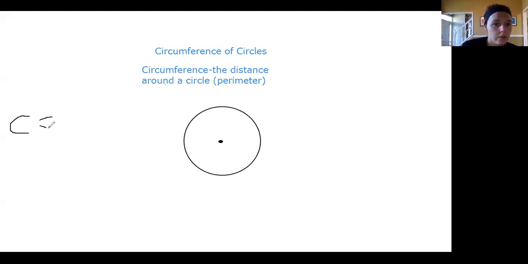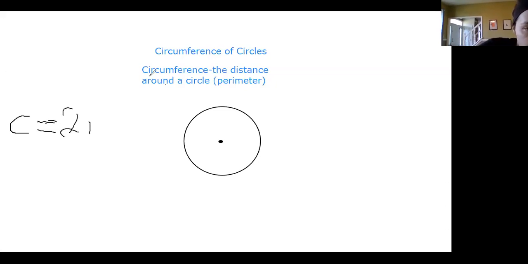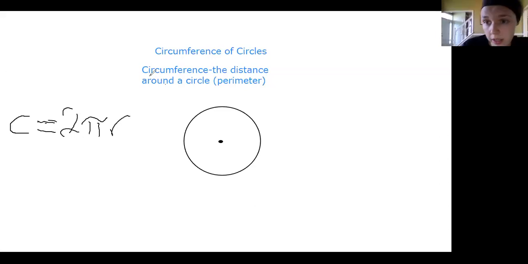Circumference equals 2 times pi times r, which is your radius.